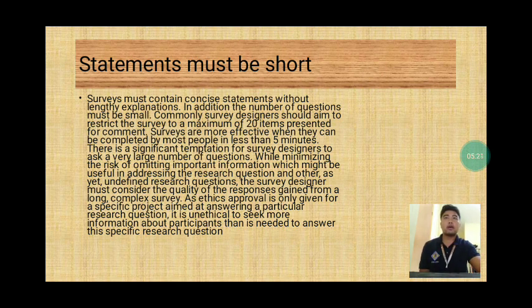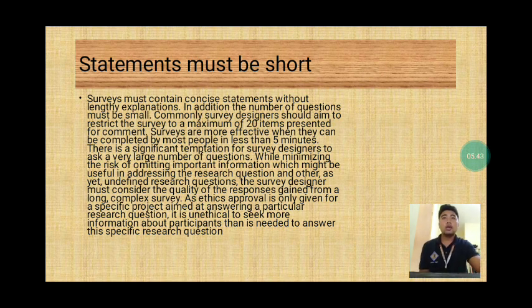There is a significant temptation for survey designers to ask a very large number of questions, while minimizing the risk of omitting important information which might be useful in addressing the research questions, and other as yet undefined research questions.